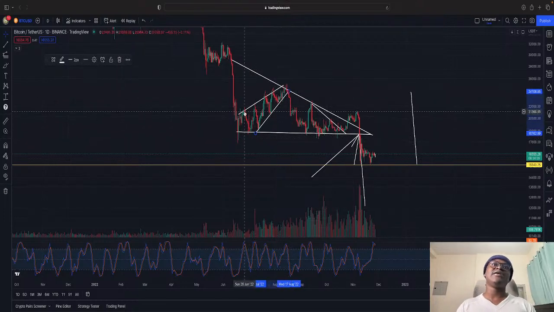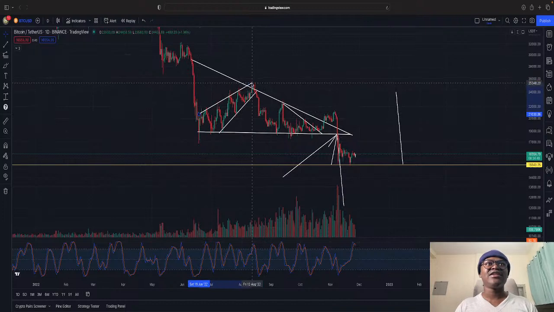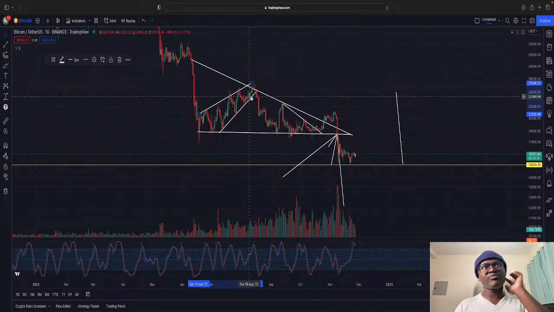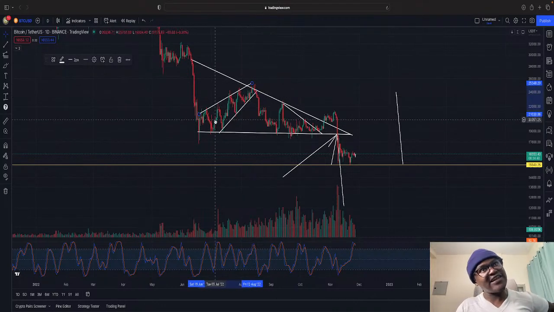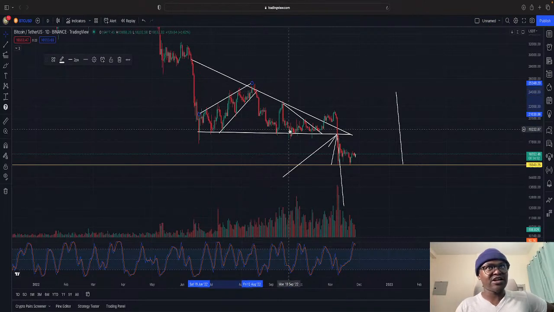Now, as we said before, when price breaks out of the ascending wedge like so, the ultimate target for the ascending wedge is the bottom of the wedge. That's what we got here.